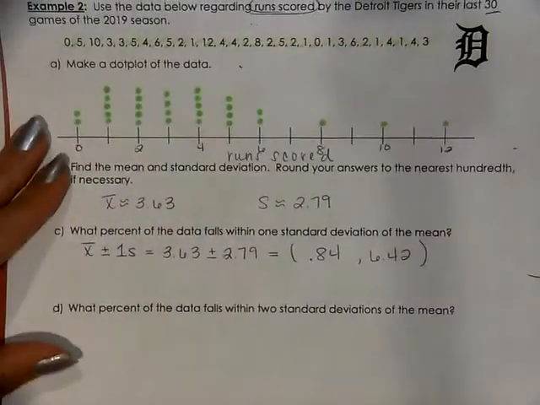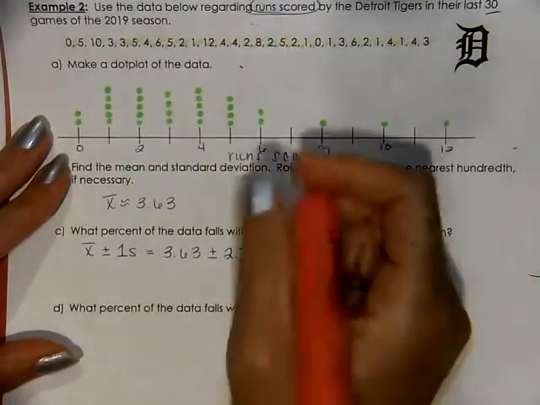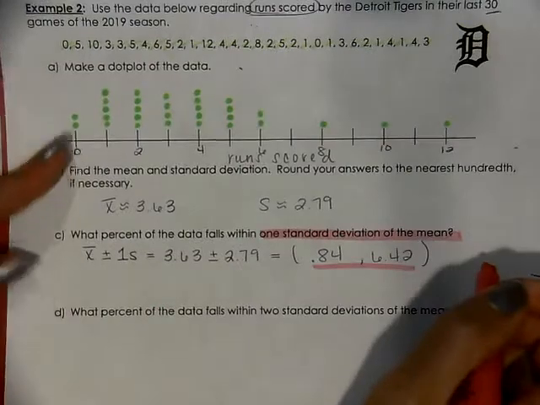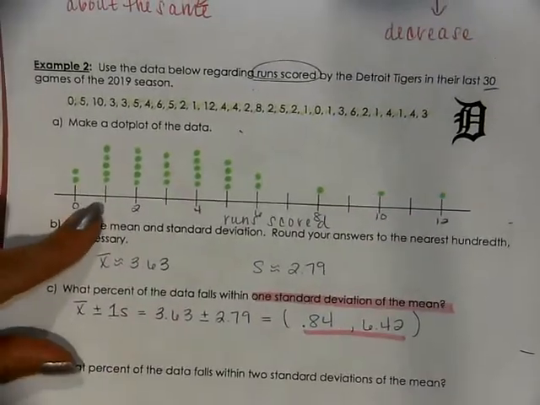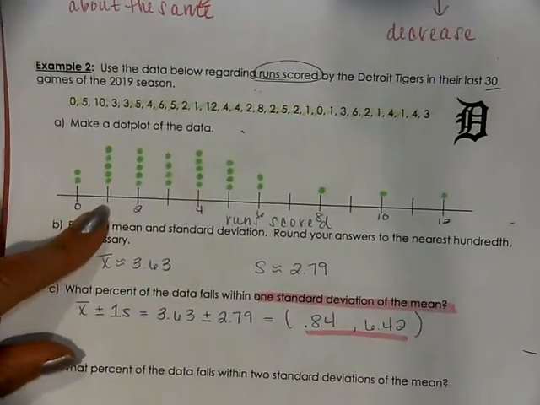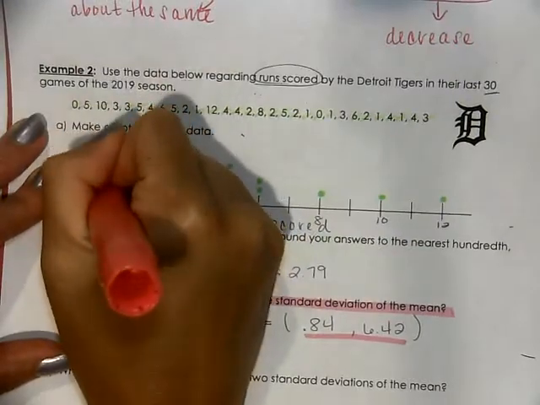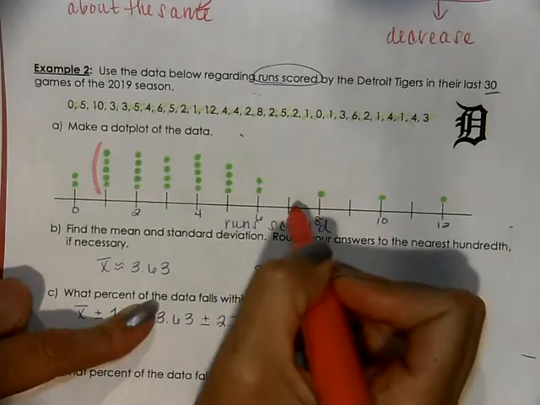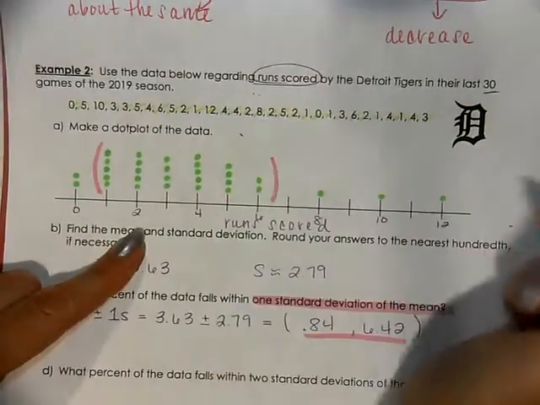So 1 standard deviation of the mean, it's an interval right here. So 0.84. Does that include the points at 1? It sure does. And does that include the points at 6? Yep. Does it include 7? No, because it's 6.42, so it's about right here.